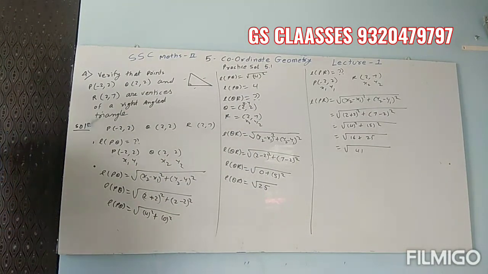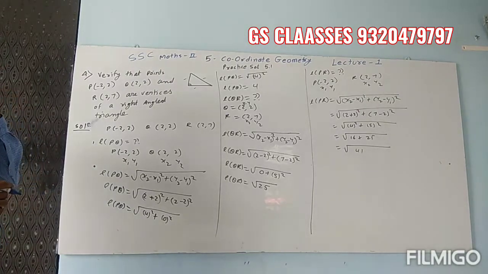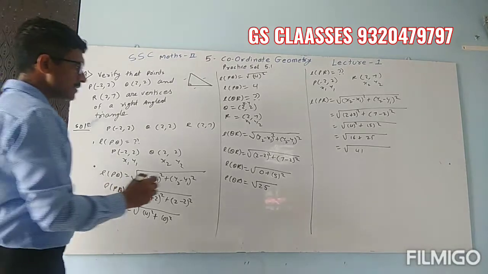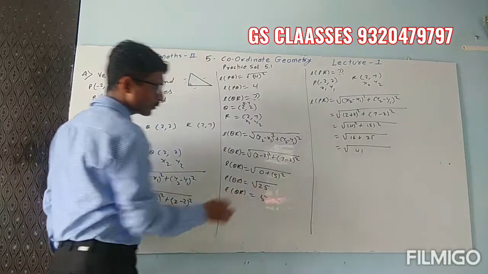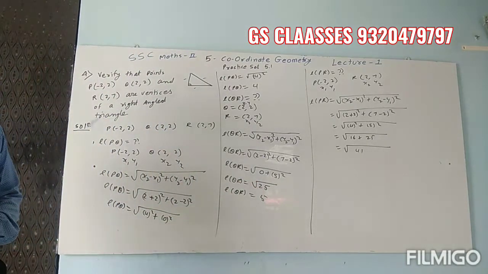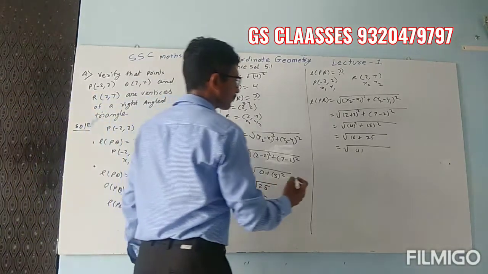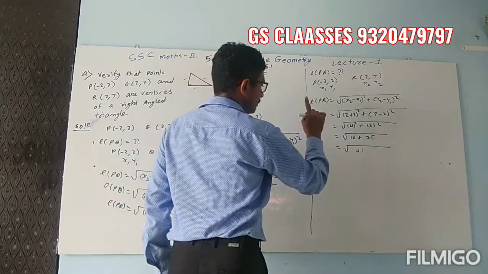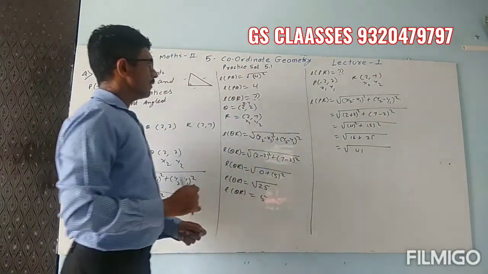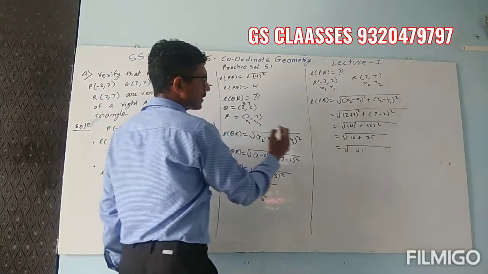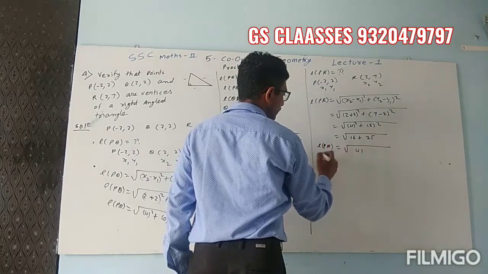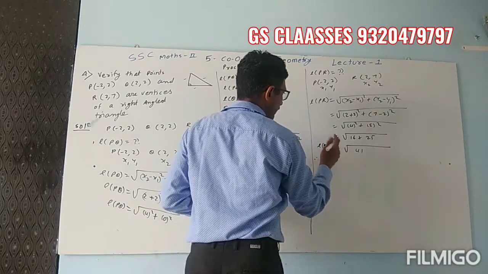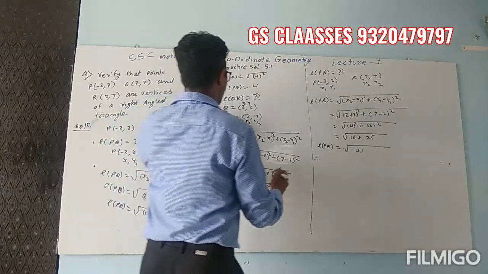So this way we have got these three values. Now let us see what relation they have. This value QR I will write as 5 because under root 25 is finally 5. Now you can see that for Pythagoras theorem we need all square values. So I will calculate the square values of all these three distances.